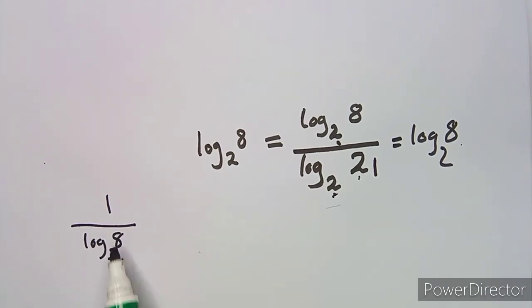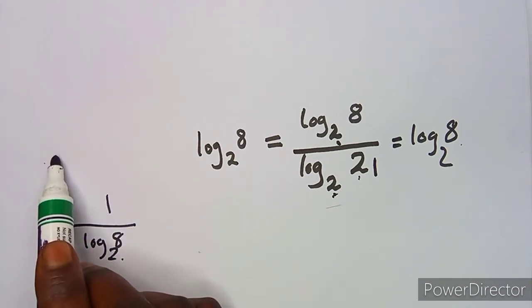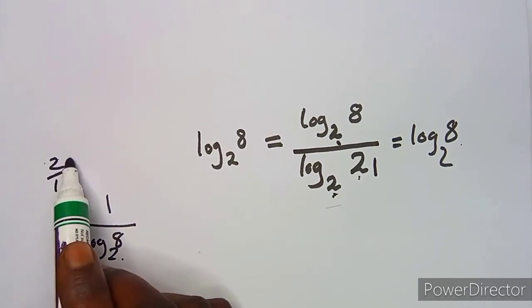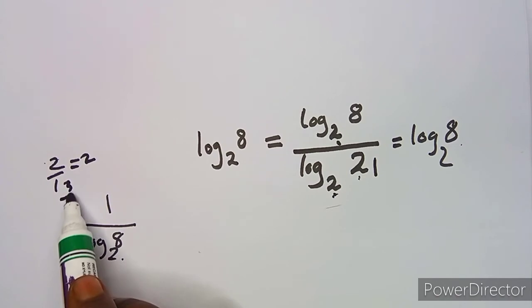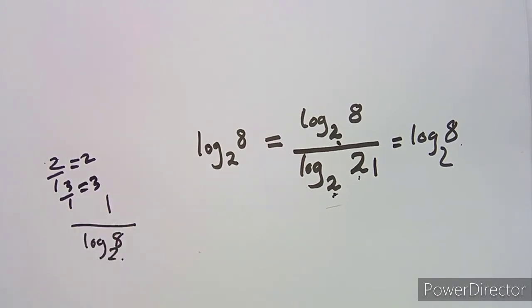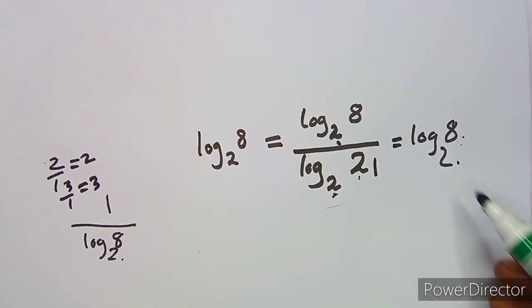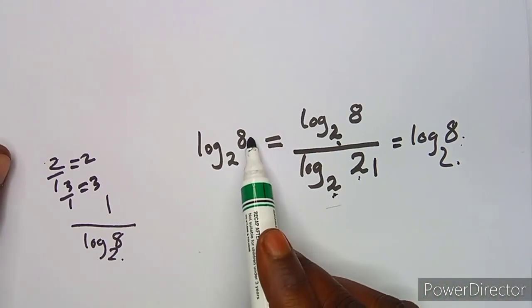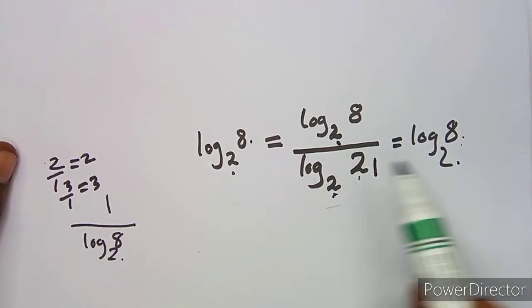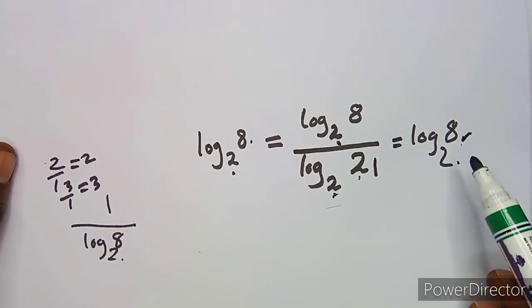But log 8 base 2 is on top, so any number like 2 over 1, it gives you 2. 3 over 1, it gives you 3. There is no effect. So that is why this is going to change back to log 8 base 2. That is why you see when they are working with a bigger number, when this is a bigger number and this is a smaller number, they just rewrite as it was.